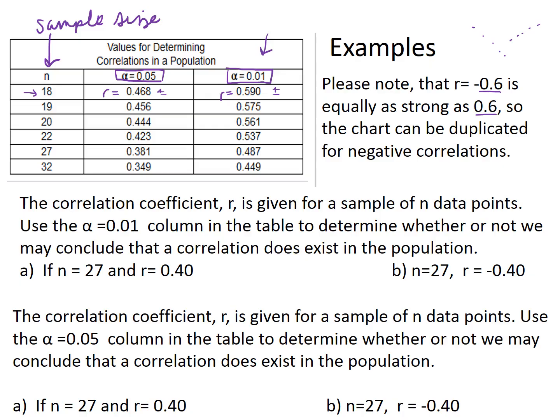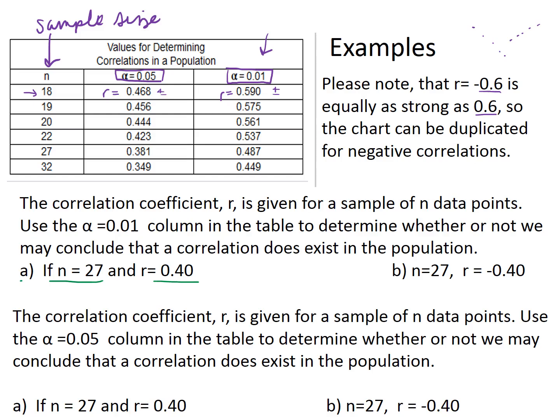The correlation coefficient R is given for a sample of N data points. Use the alpha equals 0.01 column in the table to determine whether or not we may conclude that a correlation does exist in the population. So the first one is N equals 27 and R equals 0.4.